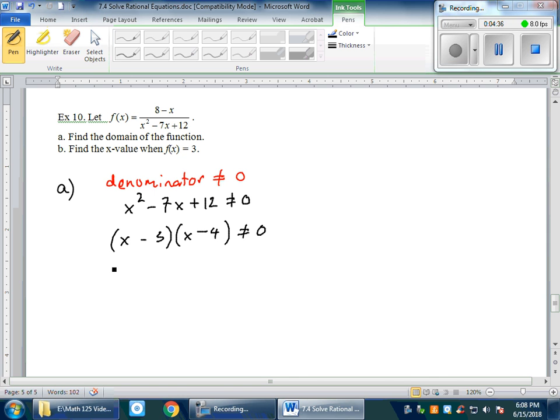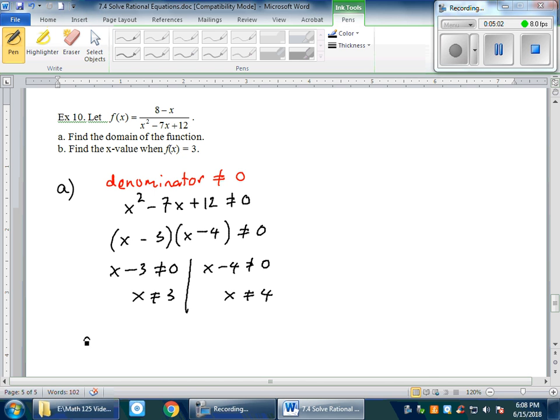Now I can say that x minus 3 cannot be 0 and x minus 4 cannot be equal to 0. So we got two x values that cannot be a part of the domain. If you substitute 3 and then 4, you will see that the whole fraction becomes undefined.